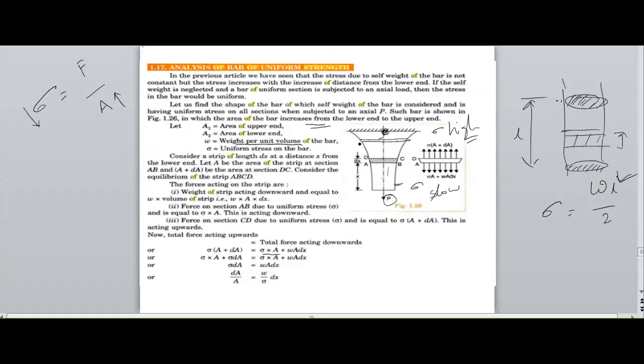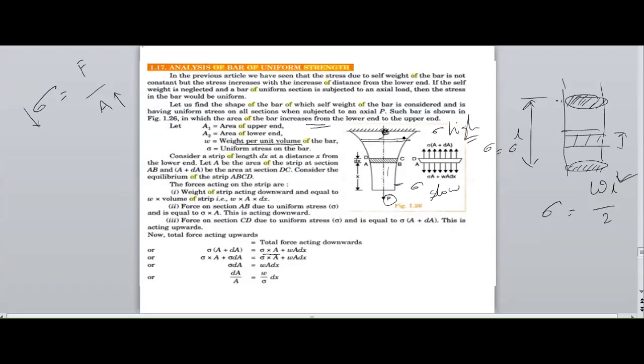So for this reason, I need to increase the area at the fixed end, such that the uniform strength, that is nothing but the stress, needs to be uniform in the component. The uniform stress needs to be equal at any region.